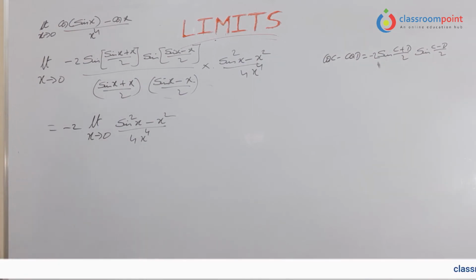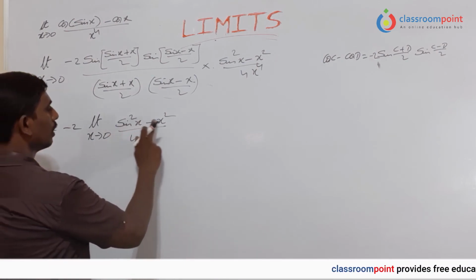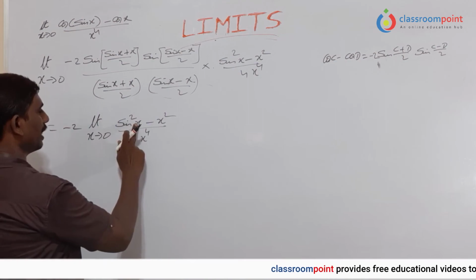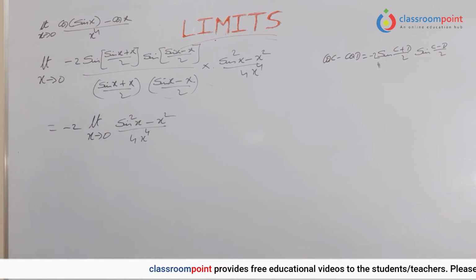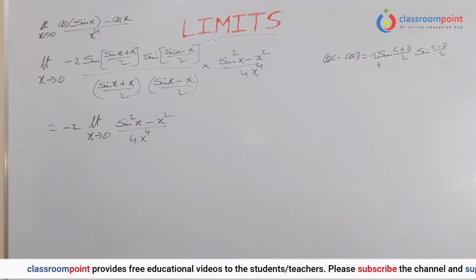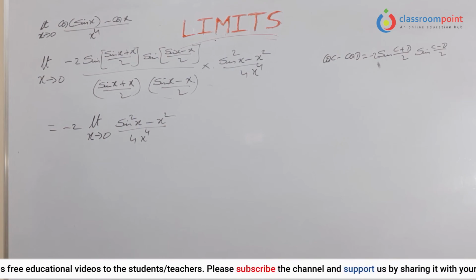Then what next? Apply x equal to 0. What do we get? Sin 0 is 0, x square at 0 is also 0, 0 minus 0 is 0, so 0 by 0 form. Then we get an indeterminate form.